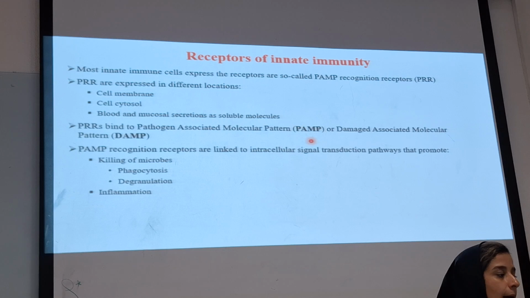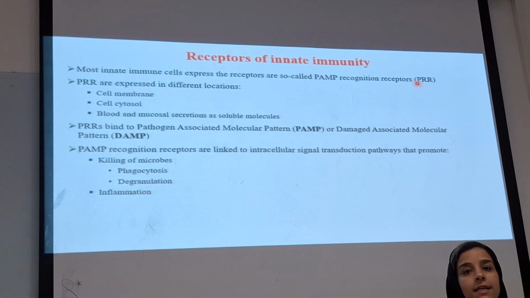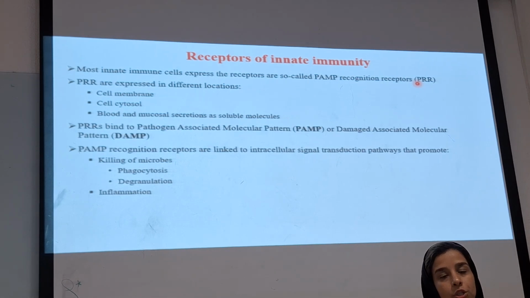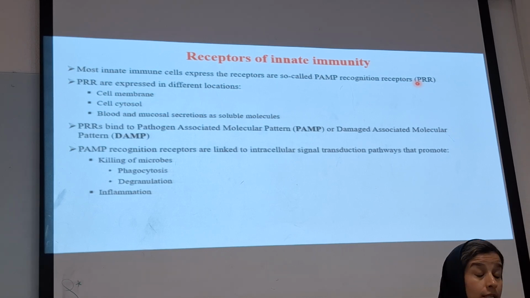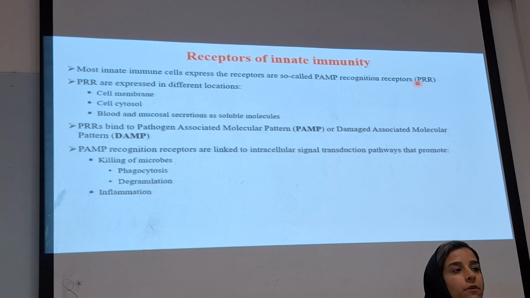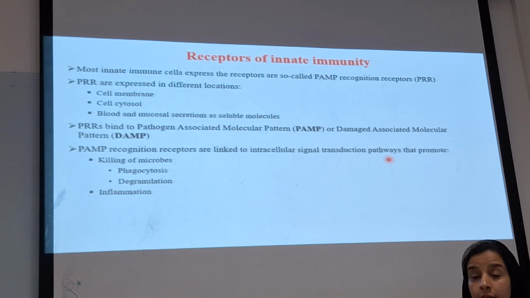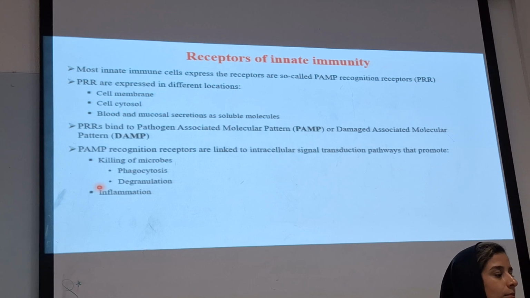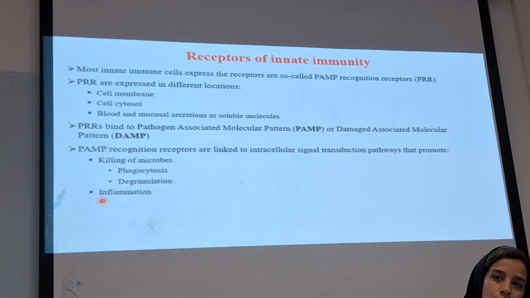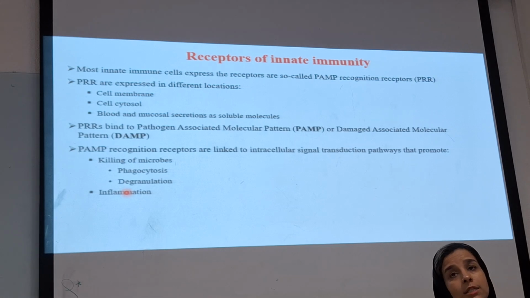So these PAMPs and DAMPs, after binding to these pattern recognition receptors, as soluble molecules in blood circulation, as cell membrane receptors, or in the cytosol of cells, lead to initiation of signaling pathways in cells, and lead to killing of microbes through phagocytosis, through producing and releasing cytokines, through degranulation of cells, and finally lead to inflammation.